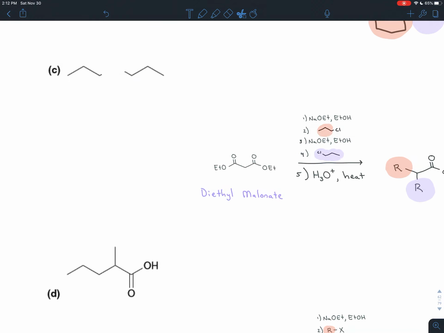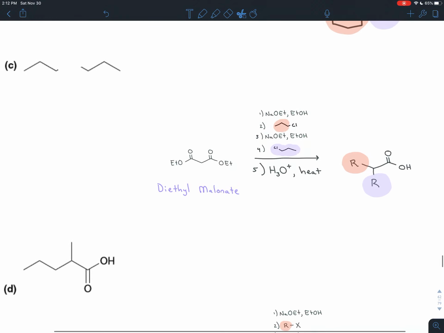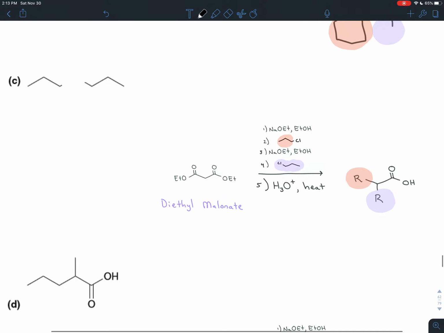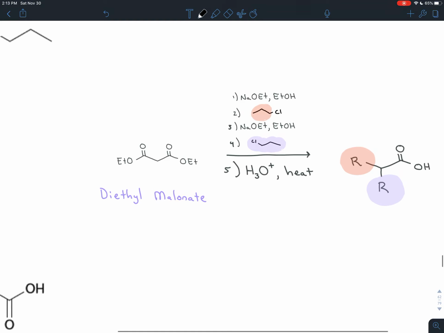It doesn't matter really the order you put them in. And so those are the two alkyl halides you need to fit into that standard recipe. We have to do the first two steps twice, once to put each carbon chain onto the alpha carbon of diethyl malonate, and so that will add propyl groups to each of those branches. So you'd have 1, 2, 3, 1, 2, 3.